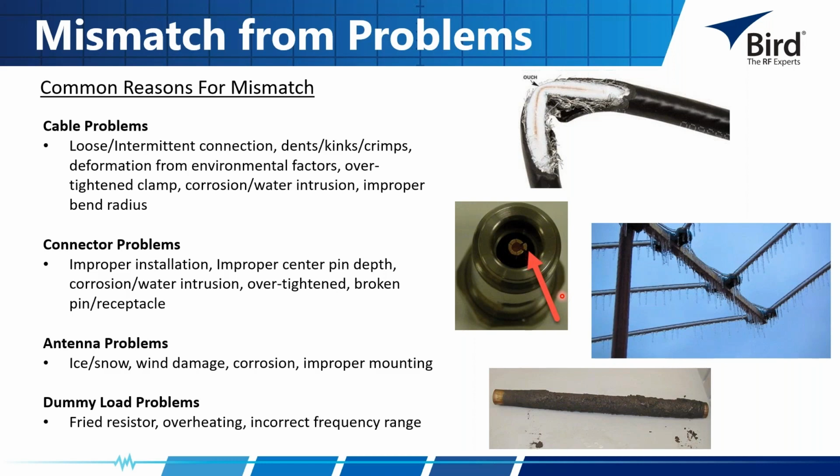Clamps holding these cables in place can really play a role in shifting that nice coaxial structure. A big one is always anything with corrosion or water intrusion. That'll easily, wildly change impedance. Anything with improper bend radius, like over here, is definitely no longer a nice coaxial structure, so impedance is going to look pretty far off.